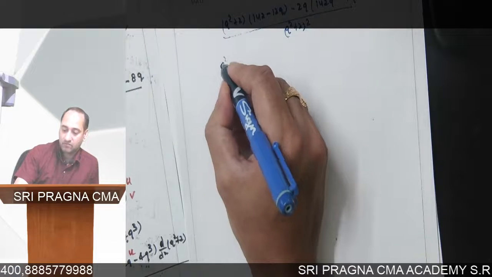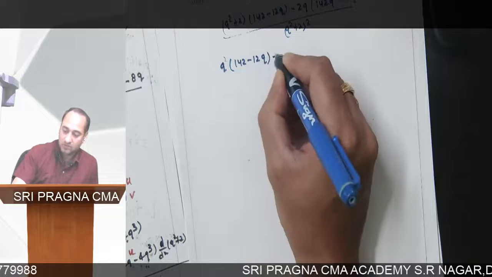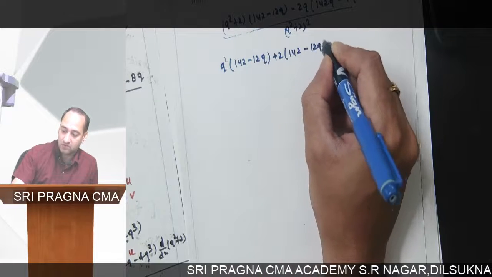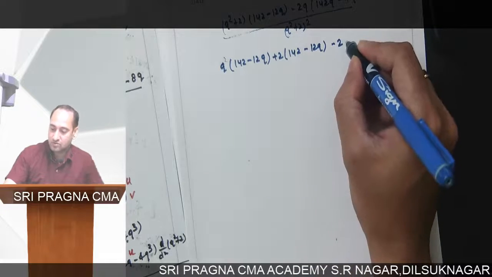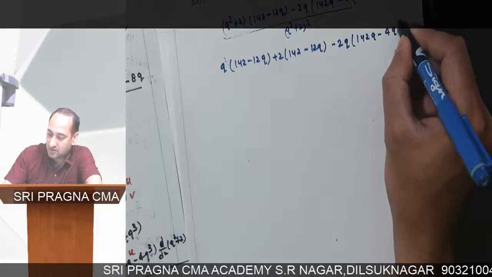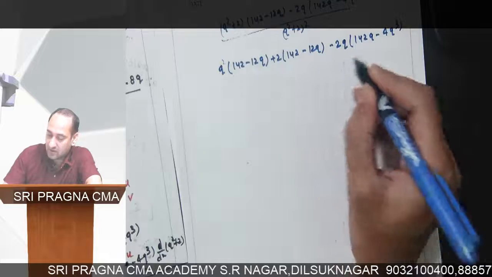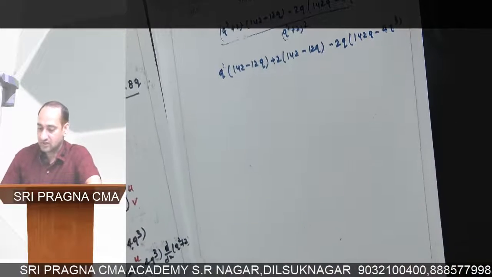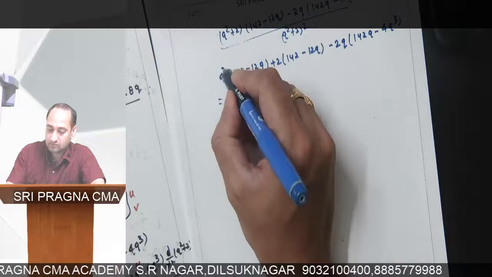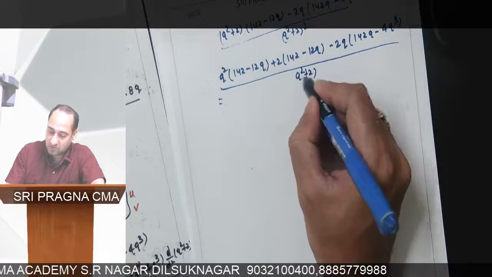Then let us do it divided by (q square plus 2) whole square.